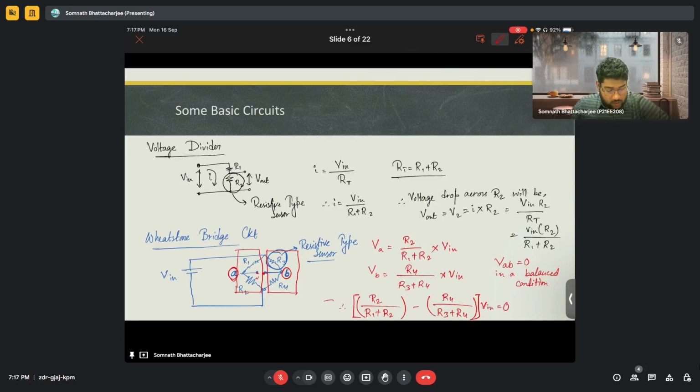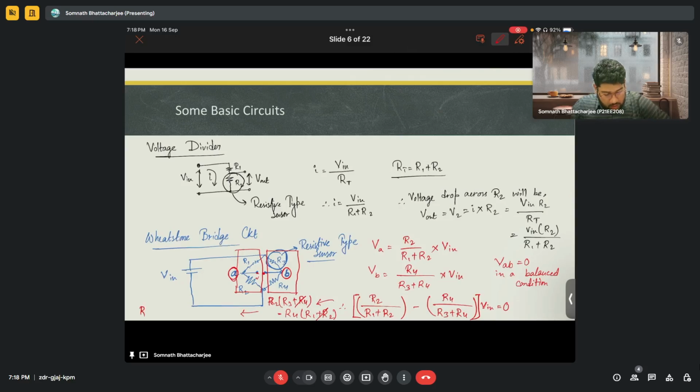So from this value, we can learn that it is nothing but R2 multiplied by R3 and R4 minus R4 multiplied by R1 plus R2. From this, we can see that these two terms get cancelled out.